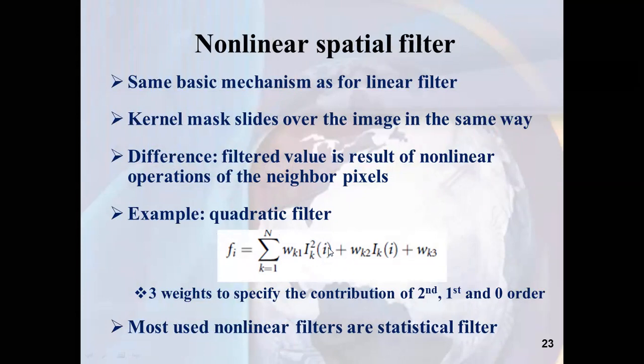For every pixel, I have the summation of the square of these pixels, another weight times the value of the pixel, plus a constant. So for each pixel, I have to determine three weights: one for the constant, one that multiplies the value of the pixel, and one that multiplies the value of the pixel squared. The majority of nonlinear filters are classified as statistical filters.